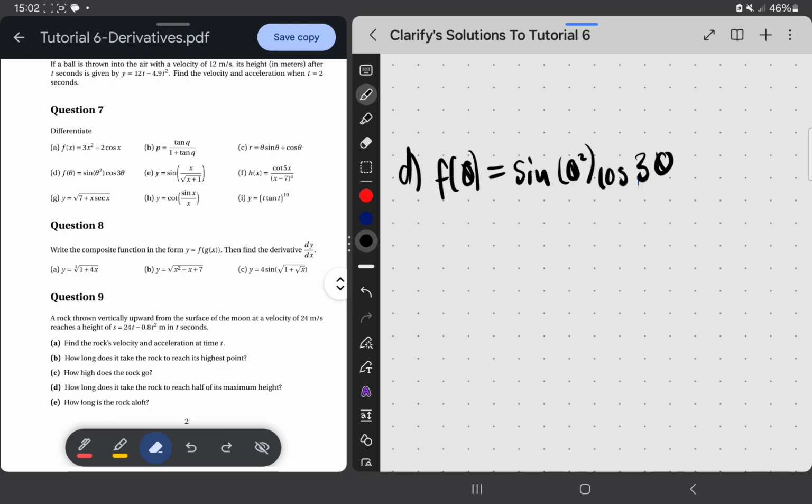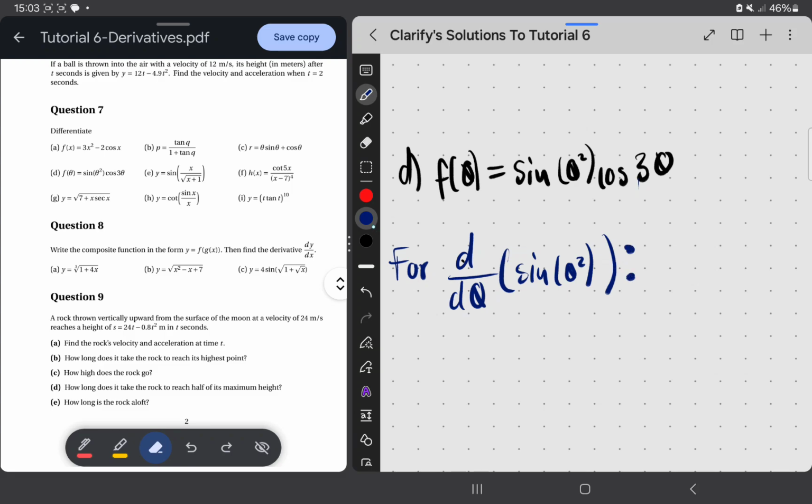We can start by doing it the longer way. For the derivative d theta of sine theta squared, what would you do here? The derivative is in terms of theta, right? So for the derivative of sine theta squared, I'm doing this part first.